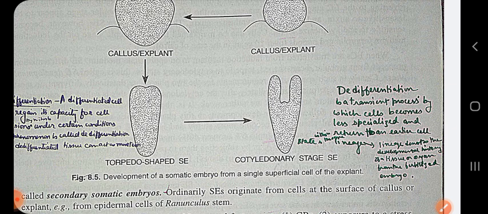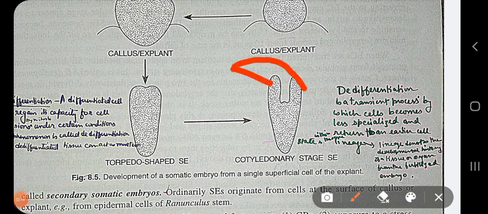It has not been shown where the radical and the plumule are, but the radical part is oriented towards the center of the callus cell mass, while the plumular end, which will give rise to the shoot system of the plant, always takes out from the cell mass. So this is the plumular end and this is the radicular end that we can see here.